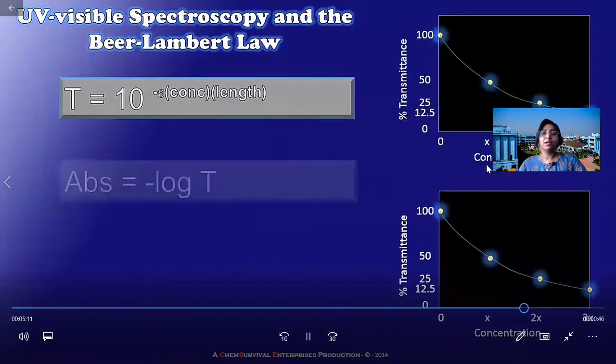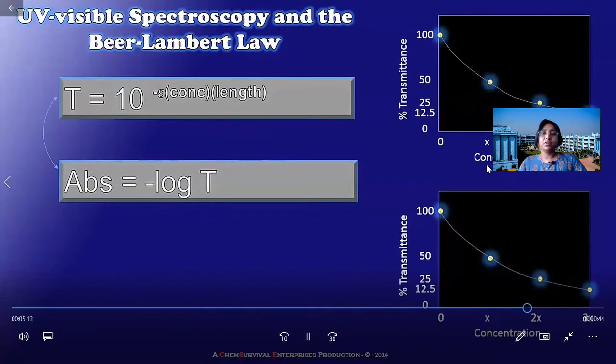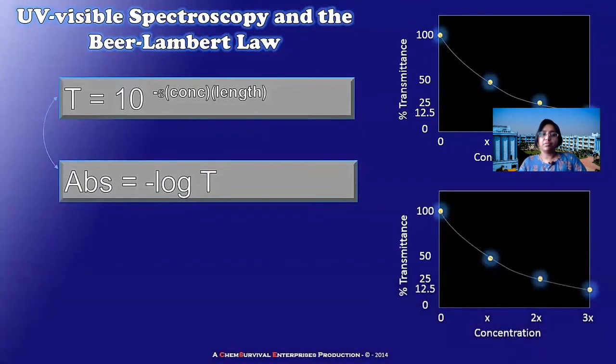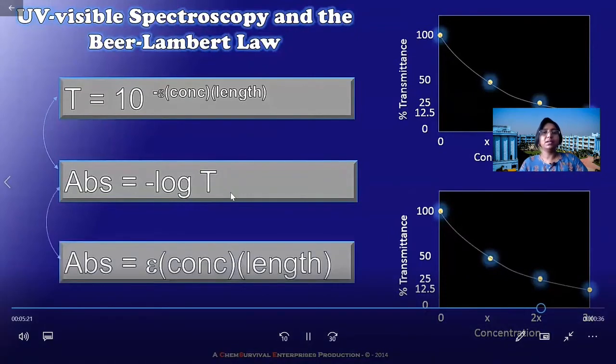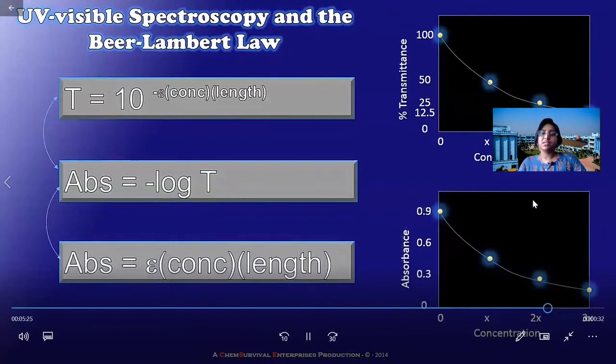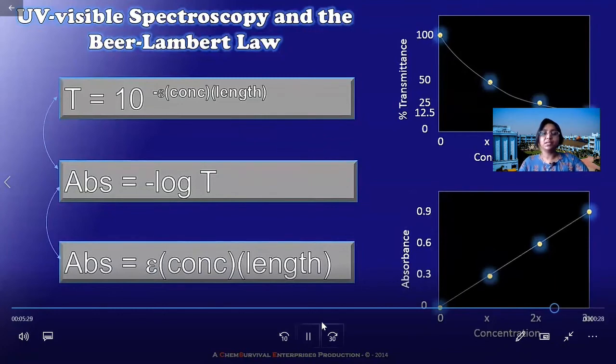If we plot the same thing in terms of absorbance, where absorbance means minus log T, and T is the transmittance, we get a straight line instead of an exponential curve. So it becomes easier for us to get the next data. Let's say with a known sample, we can plot this graph.